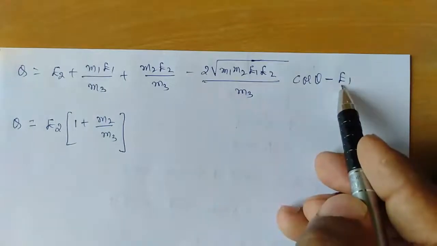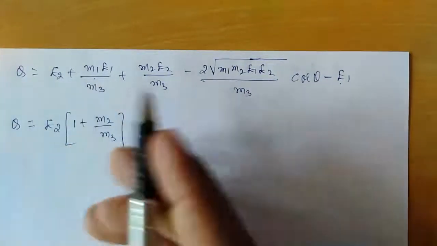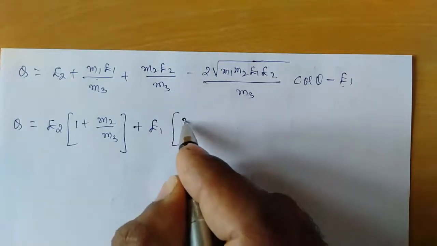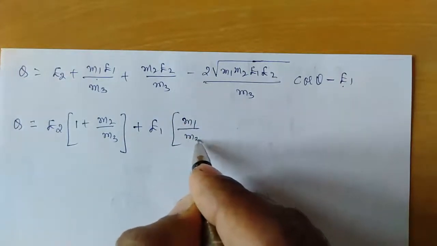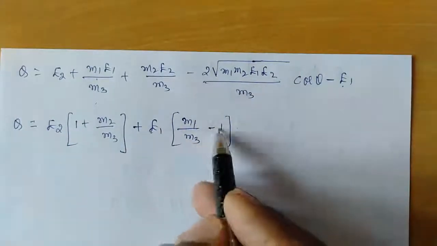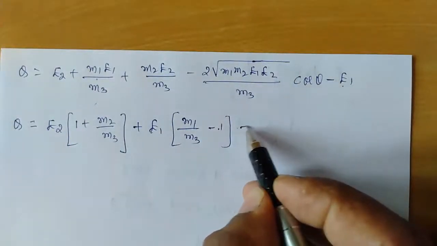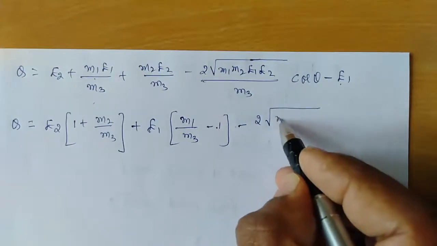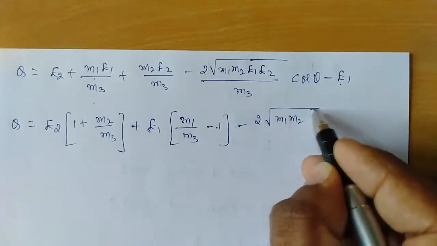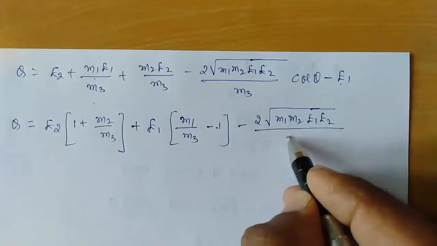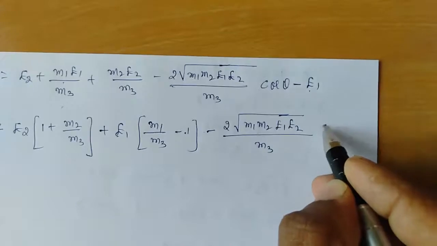Similarly I take e1 as common, so the remaining term will be m1 by m3 minus 1. If I multiply again I'll get back this equation. This term remains as it is, 2 into square root of m1 m2 into e1 e2, the whole divided by m3 into cos theta.